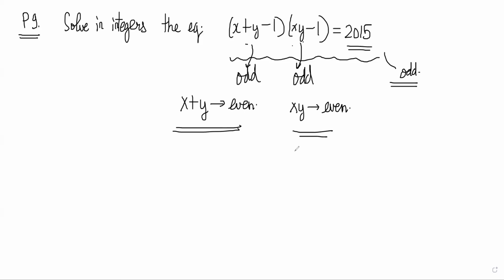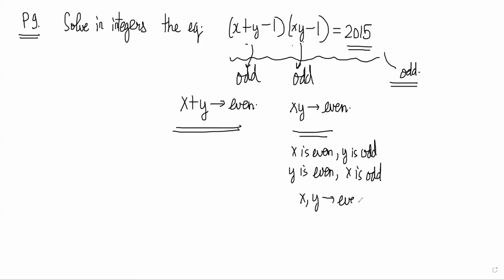Xy is even can happen if x is even, y is odd, y is even, x is odd, or if x and y both are even, right?